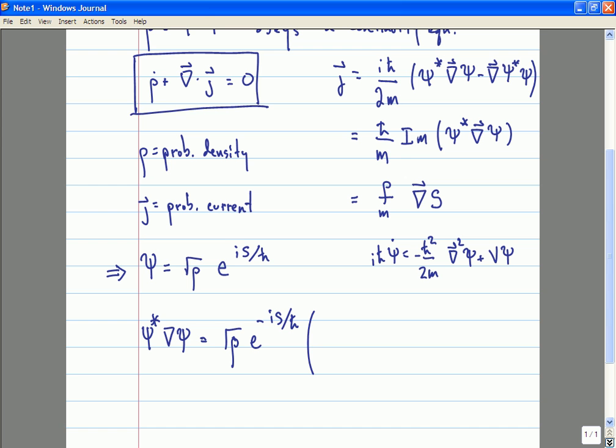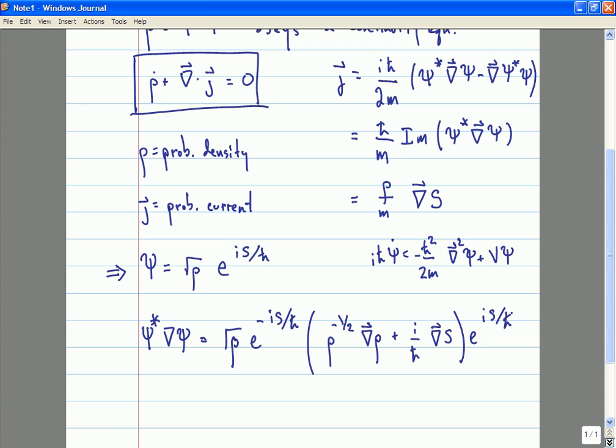One term comes from the gradient of ρ. I won't even bother writing that out. Well, okay, I'll write it out. It's ρ to the minus 1/2 times the gradient of ρ, just using the chain rule for differentiation. And then we have plus i over ħ times the gradient of S, all times e to the iS over ħ.